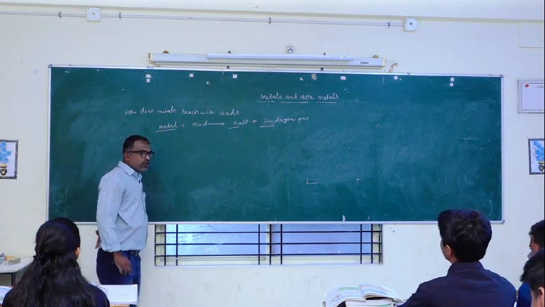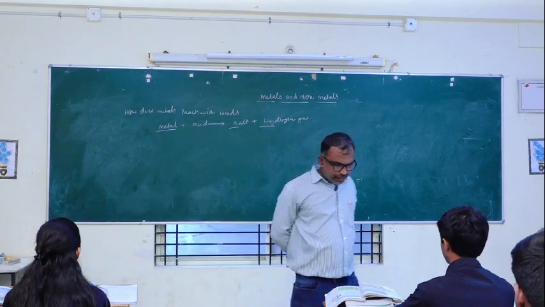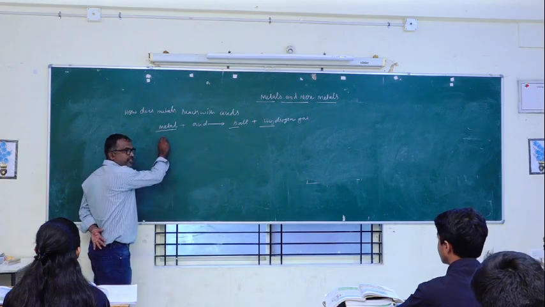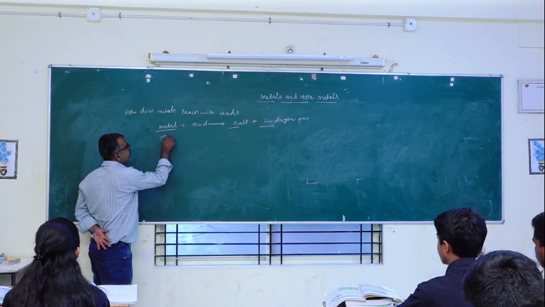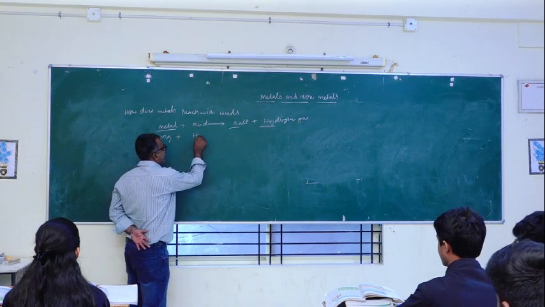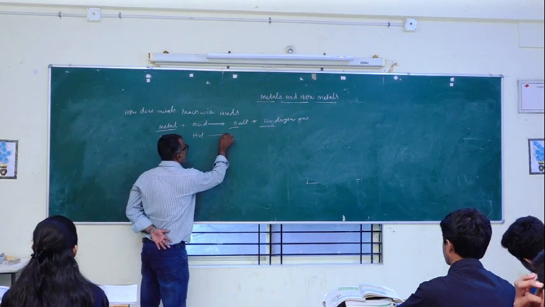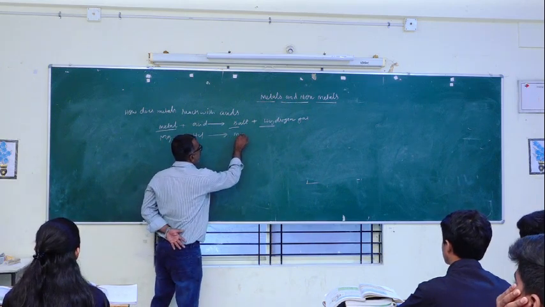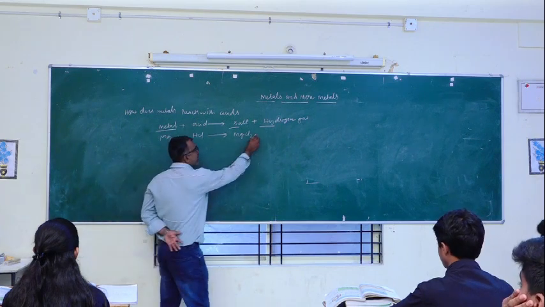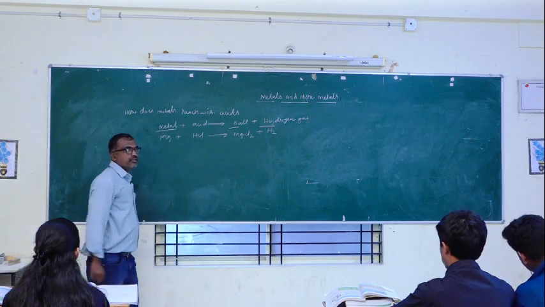In your book they have given so many examples. For example, the first example is magnesium. What is the symbol of magnesium? Mg. Plus acid, you take any acid, we shall take HCl, hydrochloric acid. It is going to produce salt, that is MgCl2, plus hydrogen gas.